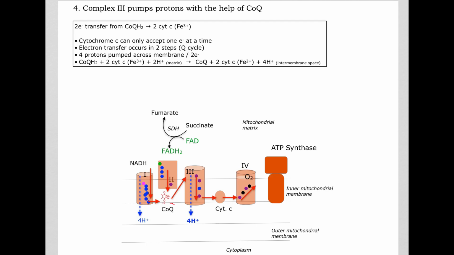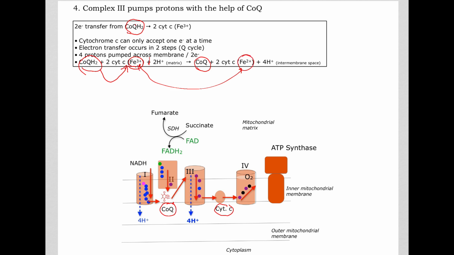So now the electrons are with coenzyme Q. Now coenzyme Q will send its electrons to cytochrome C. So coenzyme Q is going to transfer its electrons to cytochrome C. In the process, coenzyme Q becomes oxidized, and cytochrome C, you can see the ferric form, which is the oxidized form, is going to become reduced, the ferrous form, Fe2+.